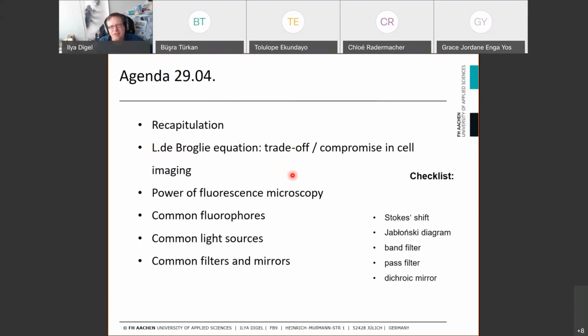I think if we make it an exam question, an easy one, I would ask what kind of trade-off you meet in electron microscopy, and then they say, okay, on the one hand, it's high resolution power, but it's very destructive.